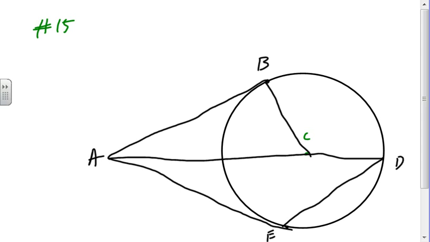Then we're told that angle BAC is 30 degrees. So this one's 30 degrees. If that one's 30 degrees, then the one on the other side also has to be 30 degrees. If this angle is tangent, which it is, then that has to be a right angle. If that's a right angle, then this one has to be 60 degrees.